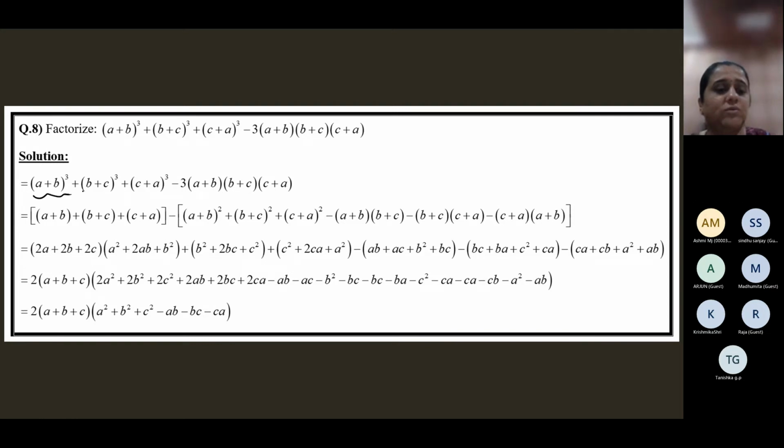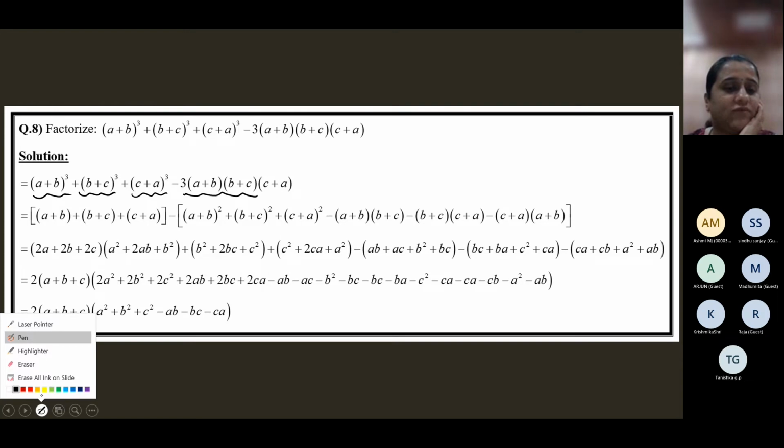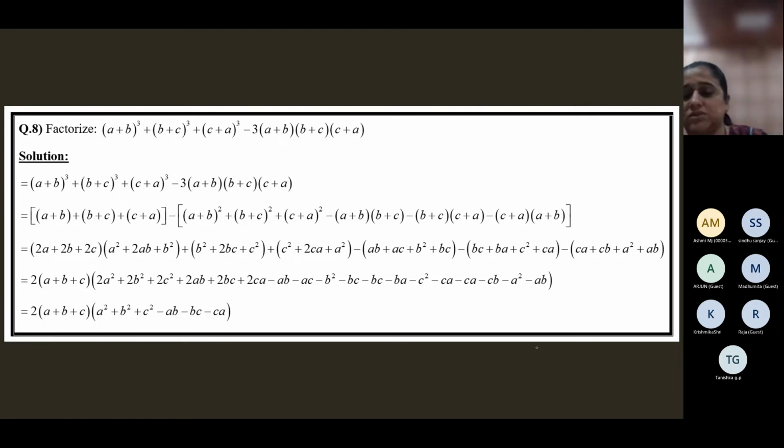(a plus b) the whole cube plus (b plus c) the whole cube plus (c plus a) the whole cube minus 3 into (a plus b) into (b plus c) into (c plus a). Now, how does this look to you, children? Just a minute, children.